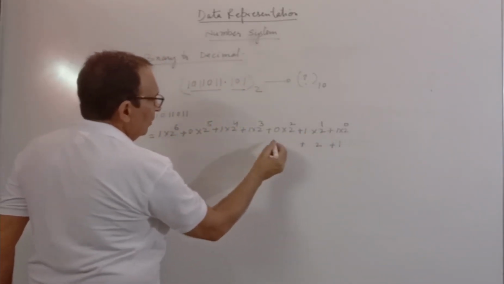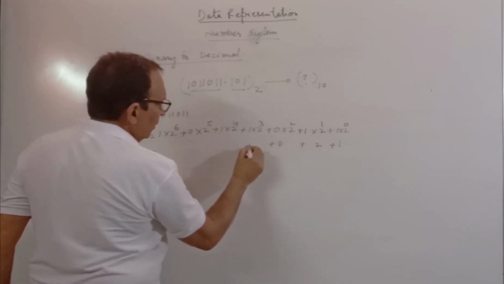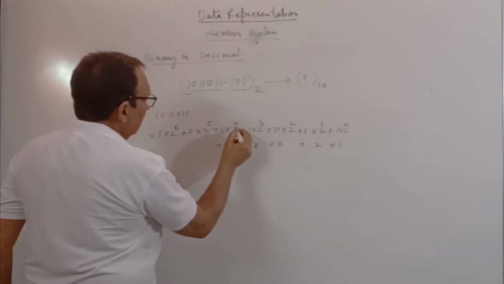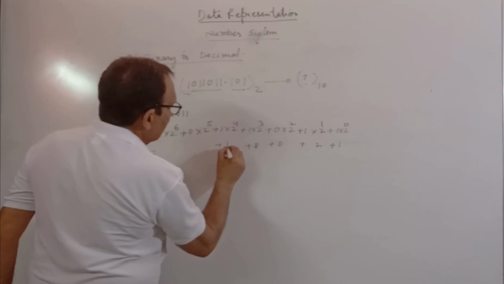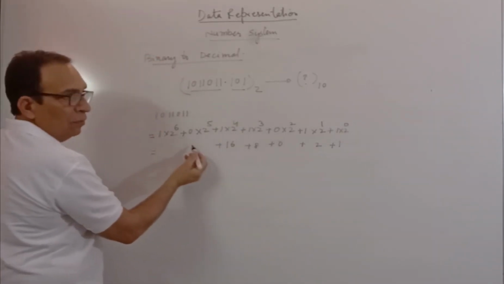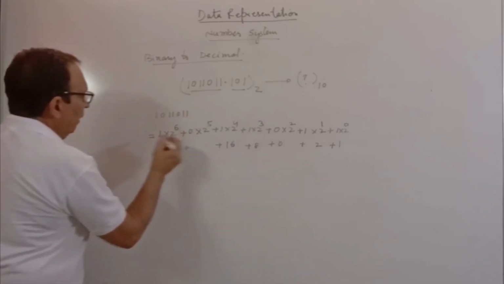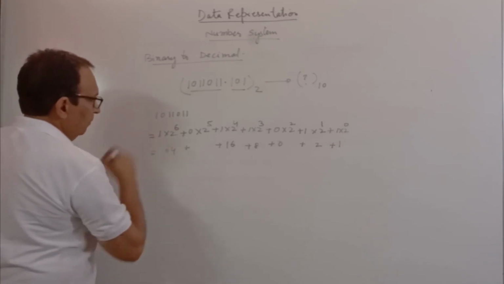This is 0. 2 raised to the power 3 is what? 8. 2 raised to the power 4 is how much? That is 16. This is 0. And 2 raised to the power 6 will be 64.